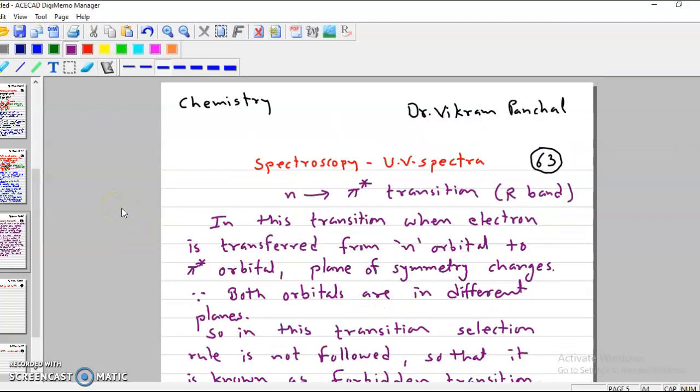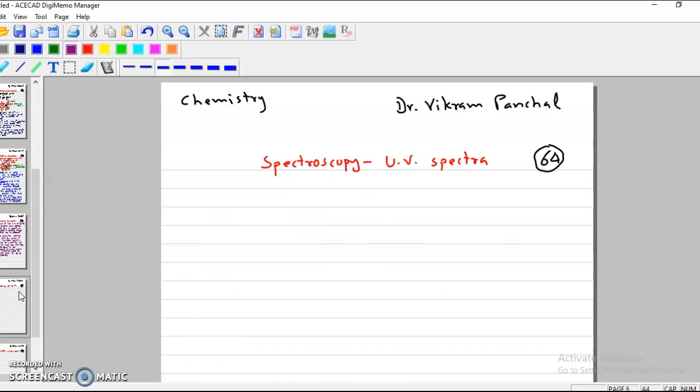Let us take one more example to understand both pi to pi star transition and n to pi star transition.